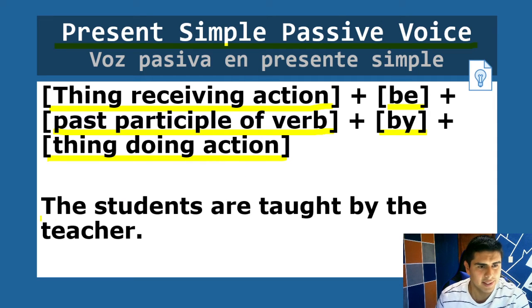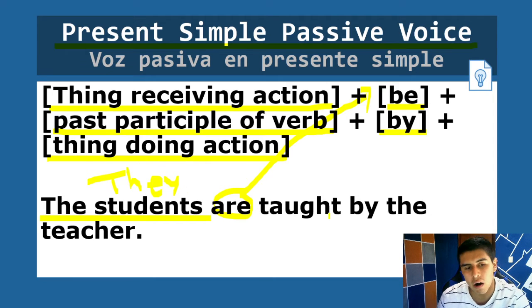So, en esta oración, the students son quienes son afectados por la acción. Luego tenemos are, es la forma del verbo be, en este caso are, porque the students is plural. Okay, so we can replace the students with they are.